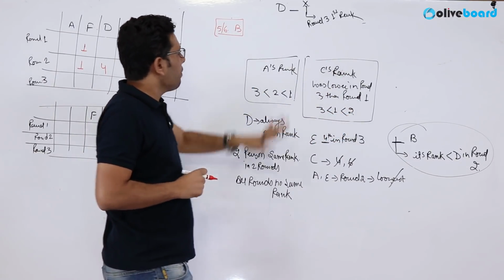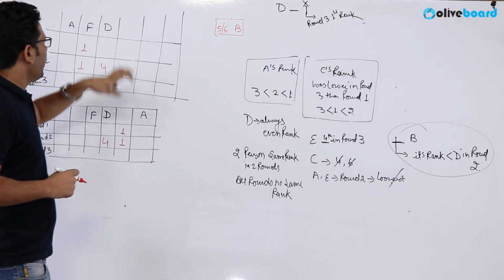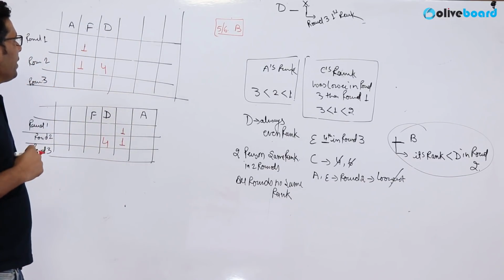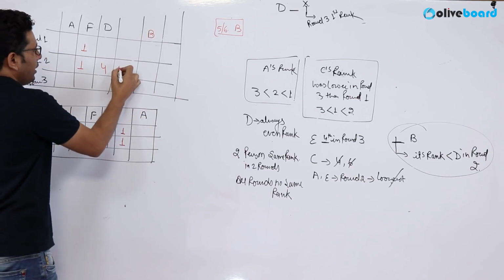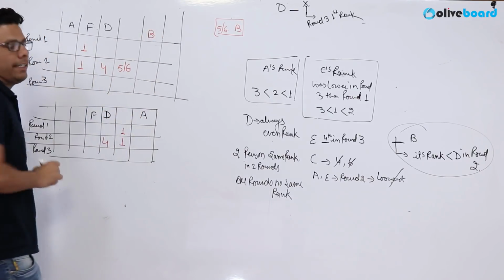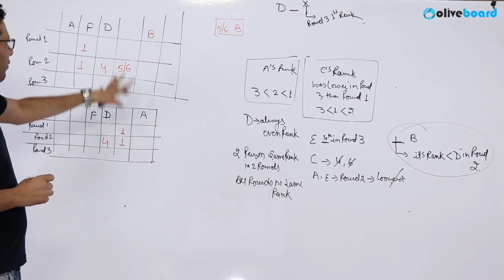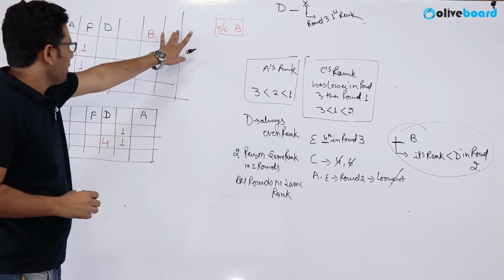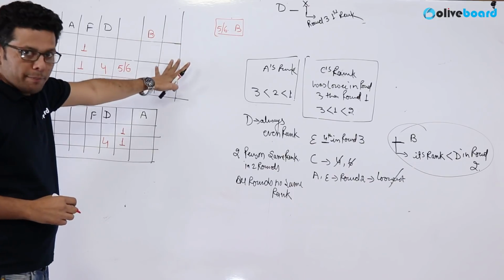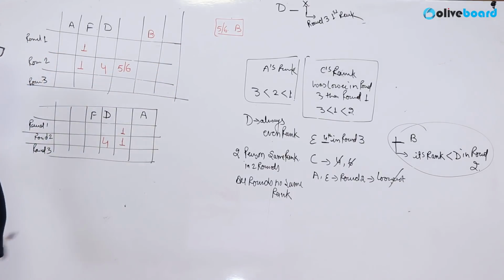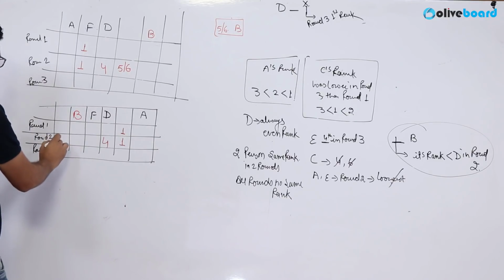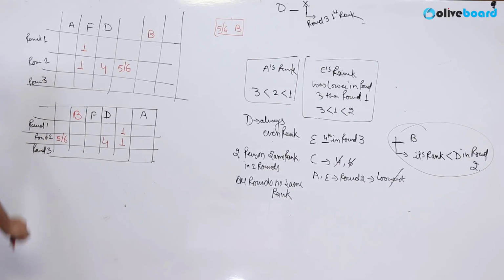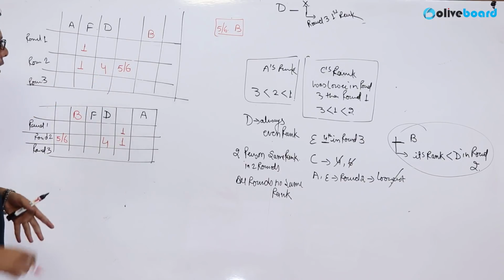So C cannot be my B. So in this scenario, I can have the 2 B, that if this is B, then this would be the 5/6. There is one more case. I split B, and in this case I will have this B, and this would be my 5/6. Okay, this is the rank of round 2.